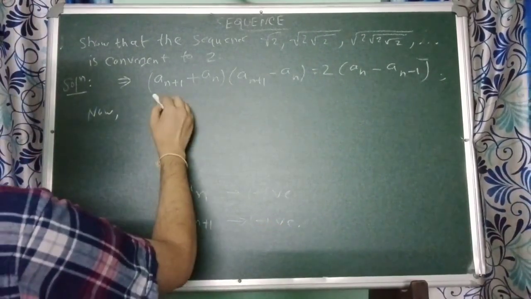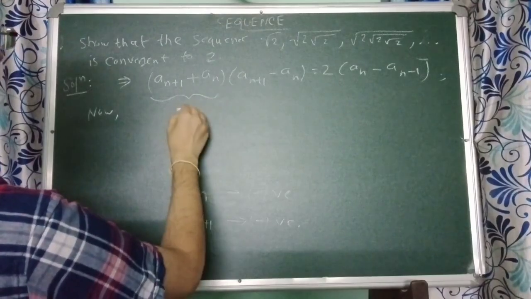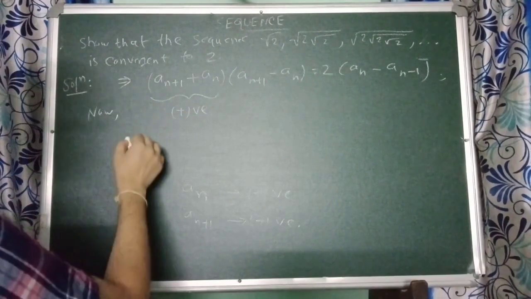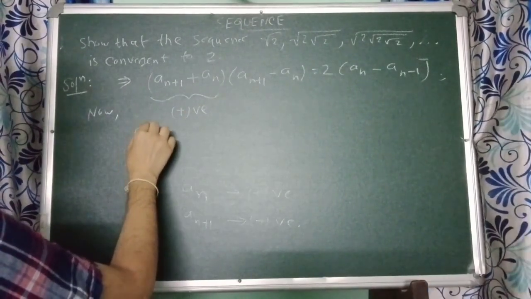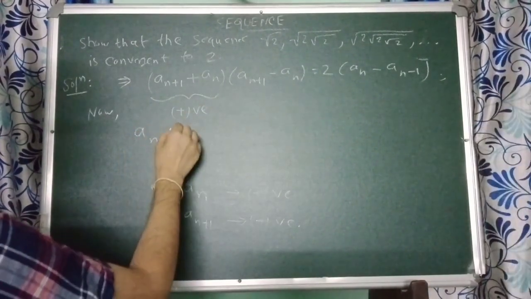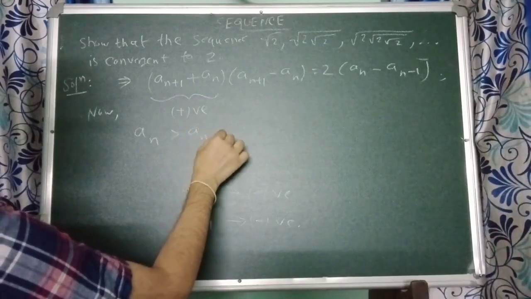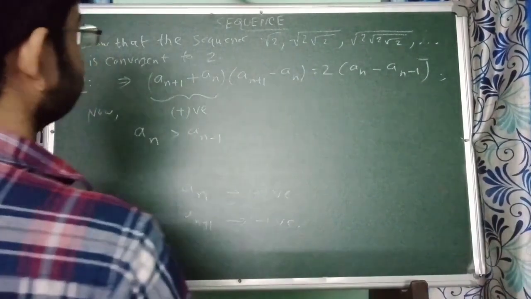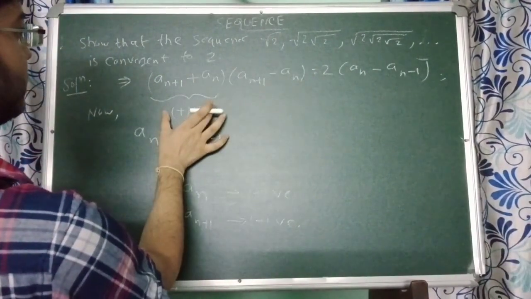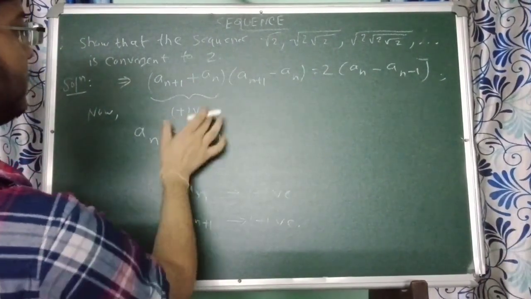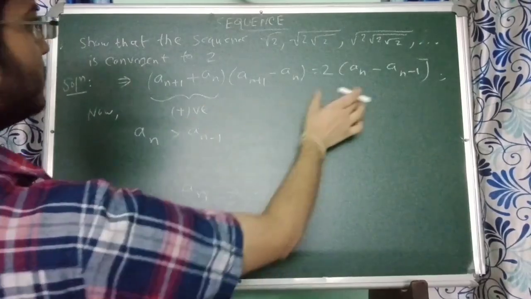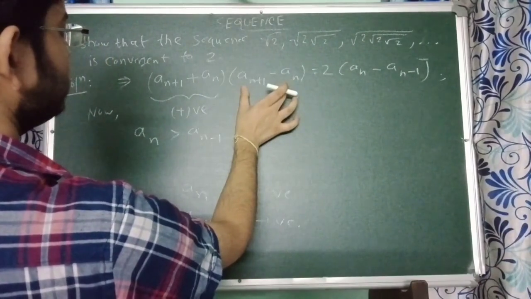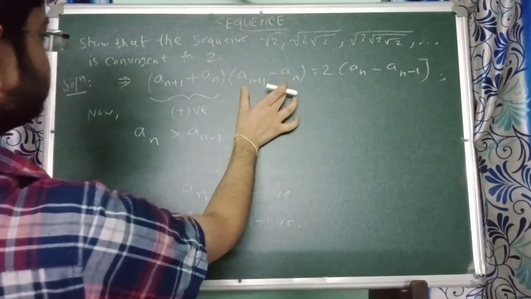So this part is always a positive quantity, and if a_n is greater than a_{n-1}, then the right hand side becomes positive, and this is positive for any n. So when this part is positive, obviously this part is also positive.